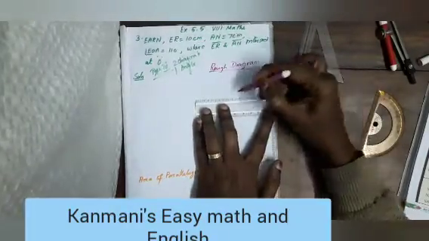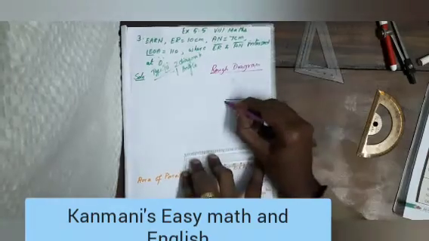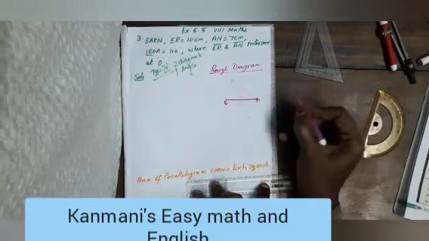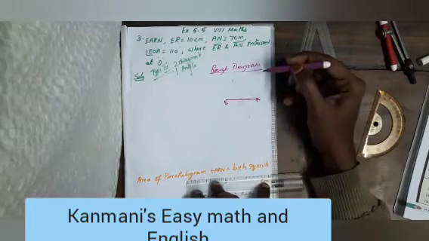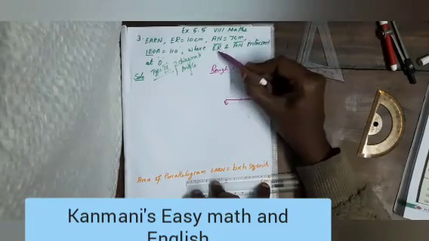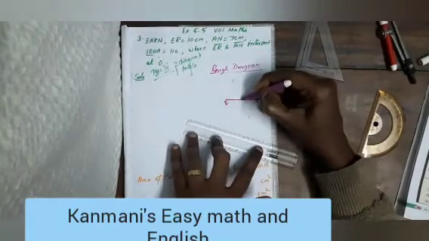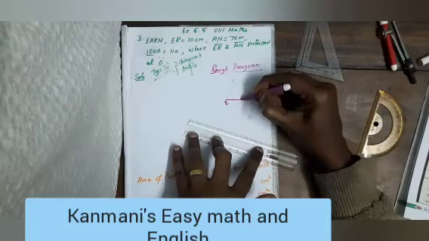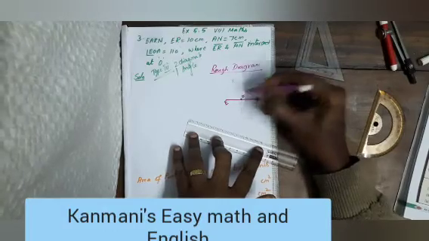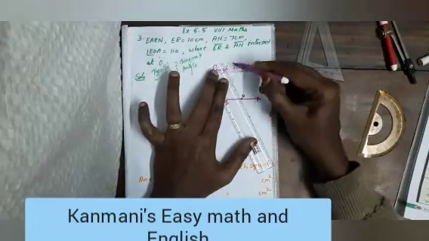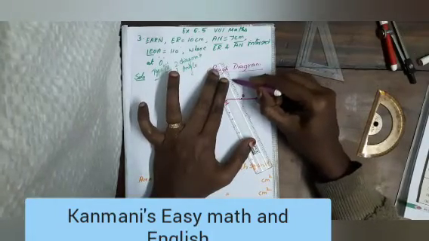ER is 10 centimeter. So let us draw the measurement. ER is equal to 10 centimeter. Then ER and AN should intersect at O, which means another line should come here such that it intersects at O. So this will be our O. Now, in order to draw the intersecting line, we have to draw here.